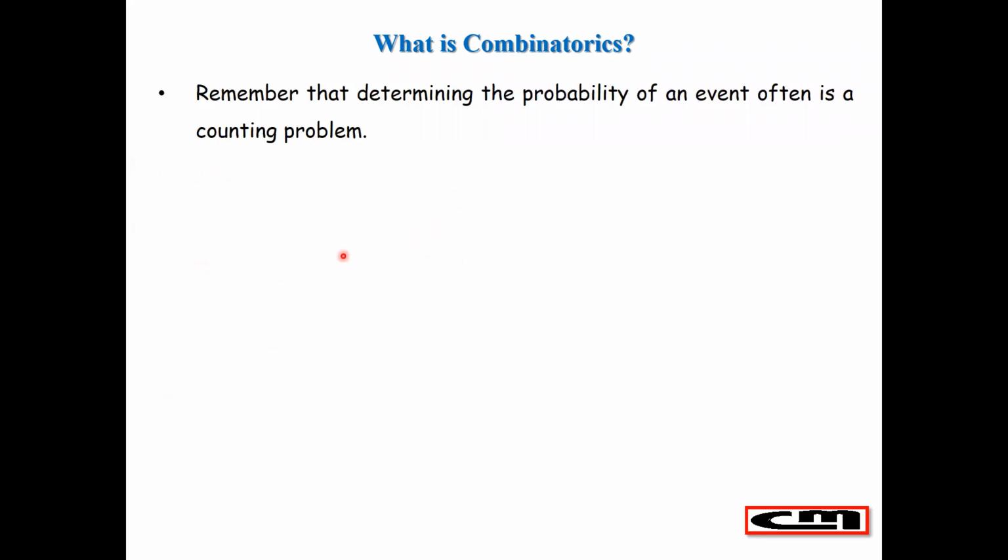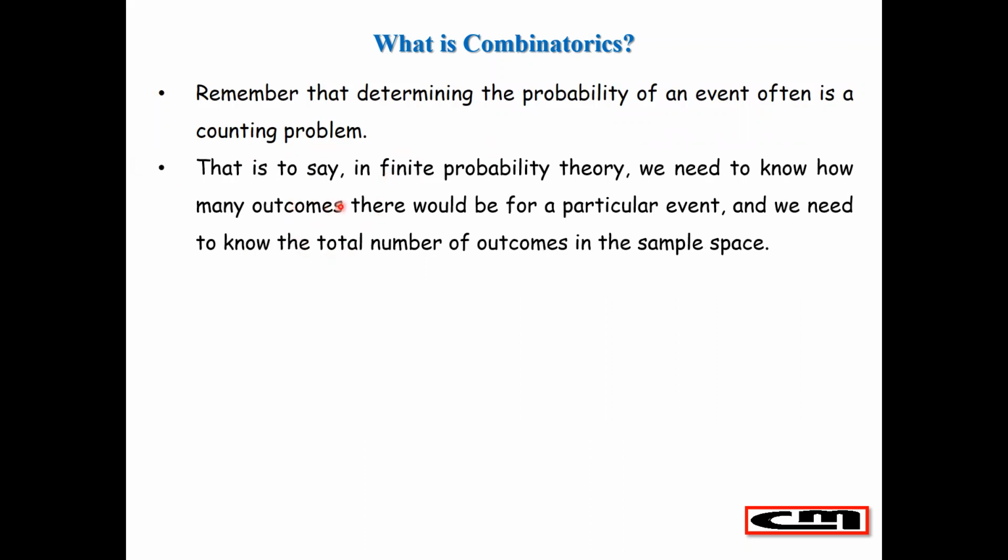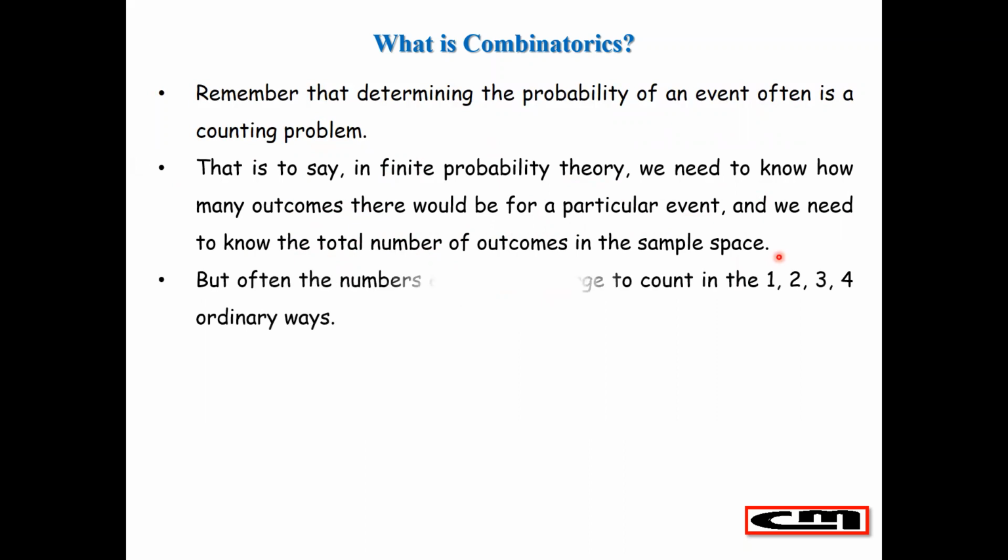Also, we need to remember that determining the probability of an event often is a counting problem. That is to say, in finite probability theory, we need to know how many outcomes there would be for a particular event, and we need to know the total number of outcomes in the sample space.